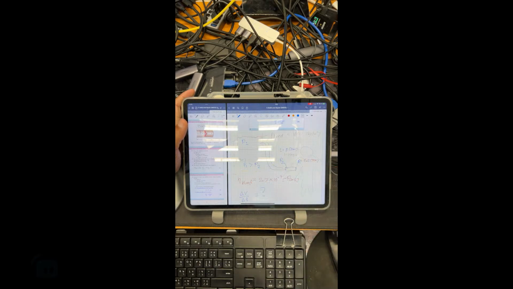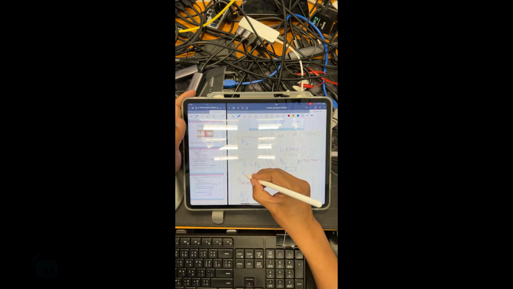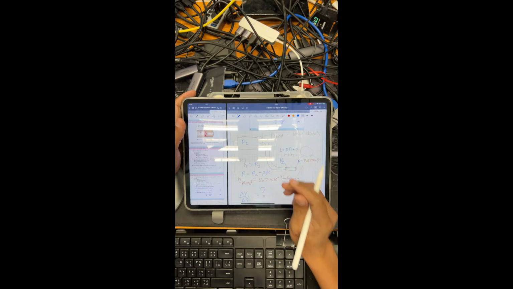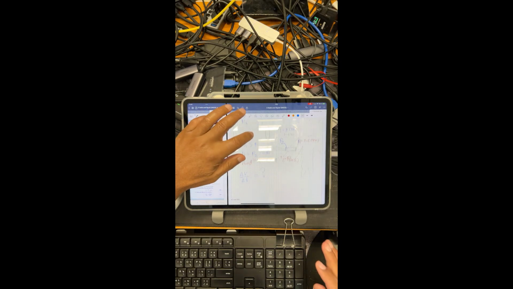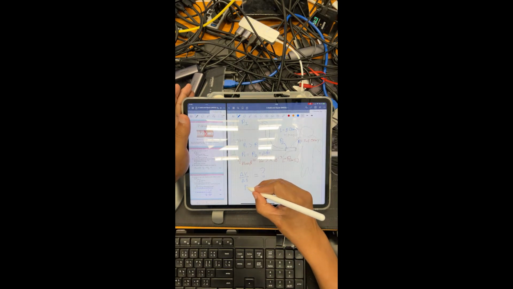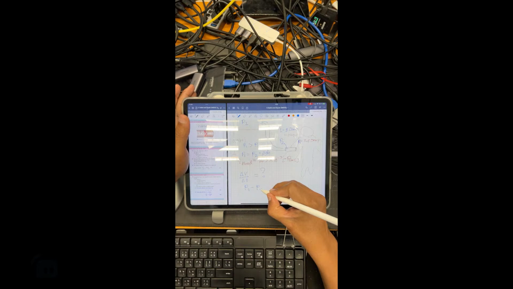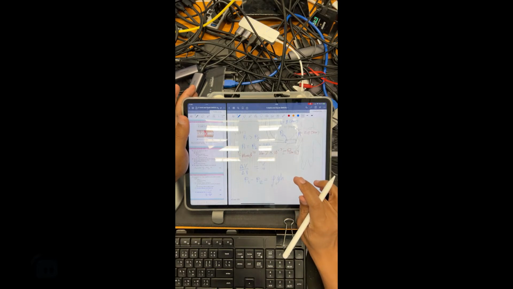The relationship between P1 and P2 is the following: P1 equals P2 plus rho GH. Rho is the density of that fluid, G is the gravitational acceleration on Earth, H is the height here. So P1 minus P2 is equal to rho GH.